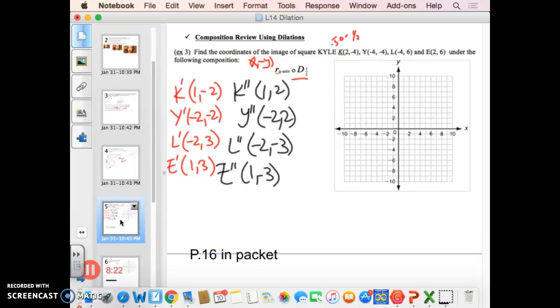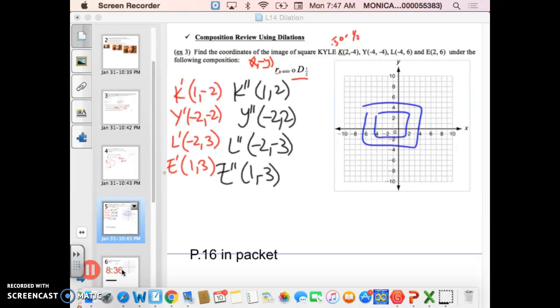Then it's going to shrink down, and then it's going to reflect up. So it would have been somewhere around here, then shrinking down, and then flipping across the x-axis. This is page 16 in your packet if you wanted to graph it yourself.